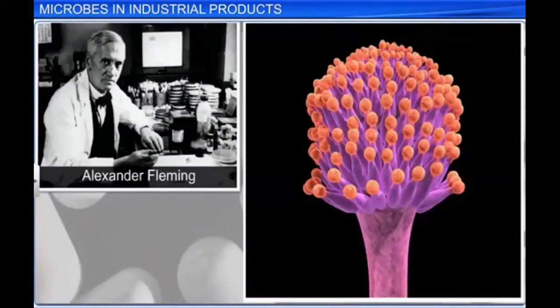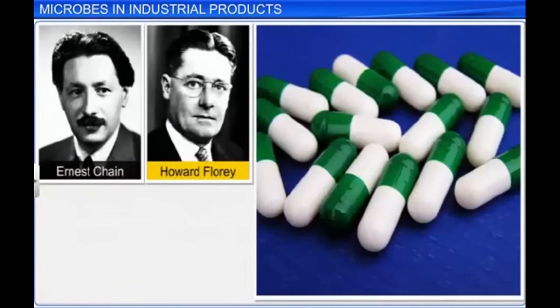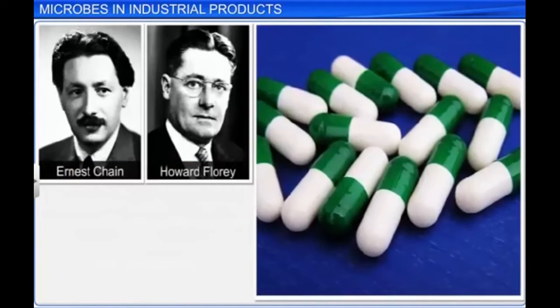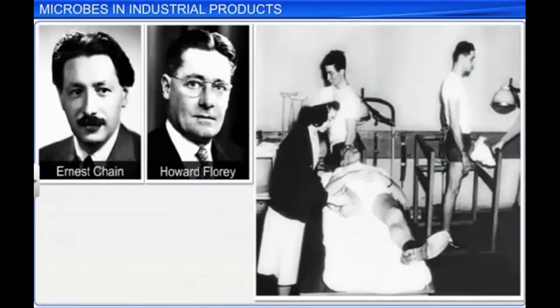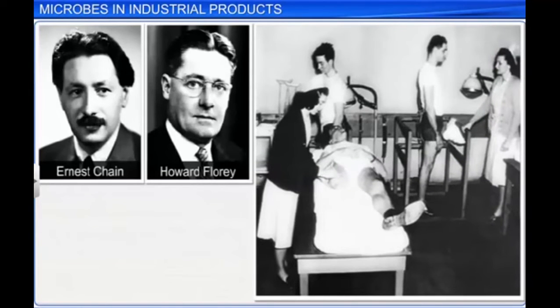Though Alexander Fleming discovered penicillin, it was Ernest Chain and Howard Florey who applied the curative effect of penicillin against various infectious diseases. During World War II, penicillin was effectively used to treat several soldiers.